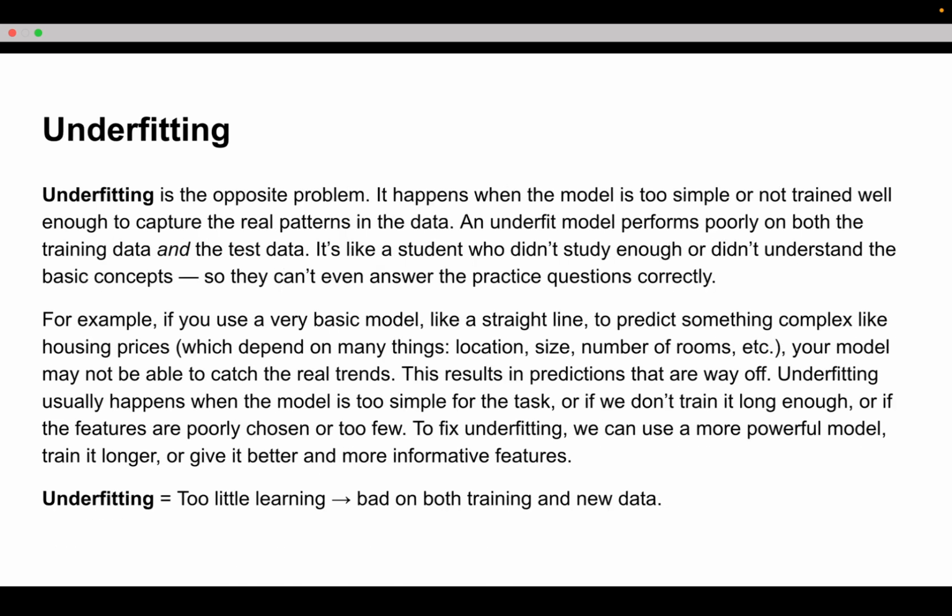So in simple words, overfitting means too much learning: it's great on training but bad on new data. Now, underfitting is just the opposite problem. It happens when the model is too simple or not trained well enough to capture the real patterns in the data. An underfit model performs poorly on both the training data and the test data.